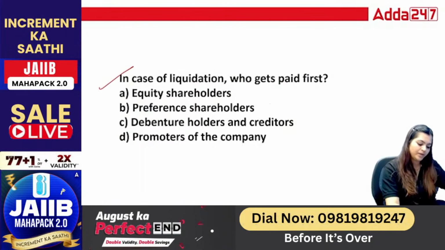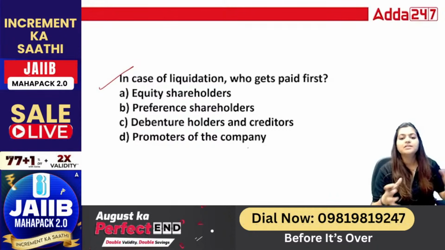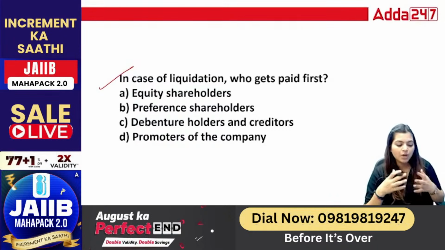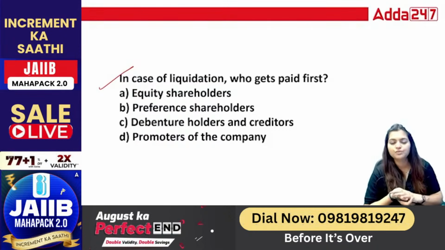In case of liquidation, who gets paid first? Equity shareholder, preference shareholder, debenture holders and creditors, promoters of the company. See, suppose I started my business and now I am not able to continue it. The first thing I will do is pay my creditors. Yes, I will pay the bank loan first, correct?